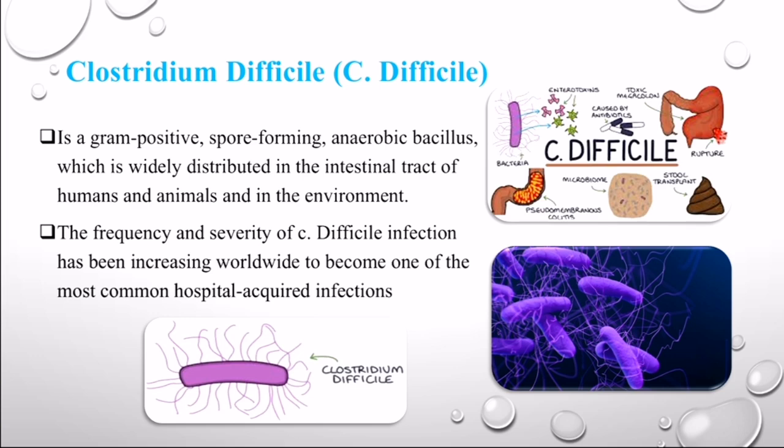Clostridium difficile is a gram-positive, spore-forming, anaerobic bacillus which is widely distributed in the intestinal tract of humans and animals and in the environment. The frequency and severity of C. difficile infection has been increasing worldwide, making it one of the most common hospital-acquired infections.